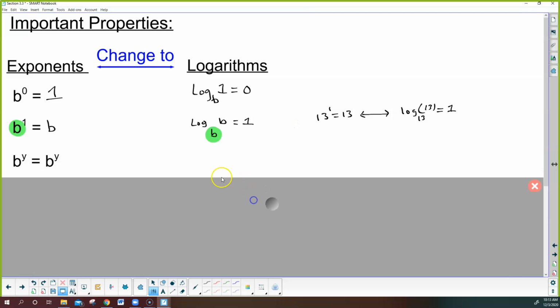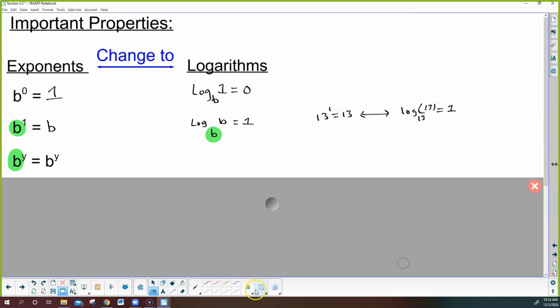Okay. Now this one's a little weird, but this is true, right? B to the power of y is equal to itself. In geometry, we call that the reflexive property. But what if I change this to a log form? Watch how this appears, because this is kind of tricky. What if I call this my base? Let's call this one my base, and then this part right here is my answer.